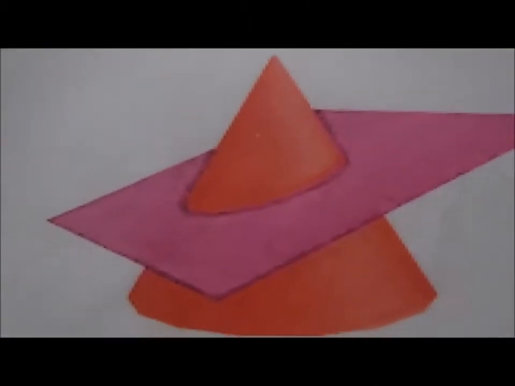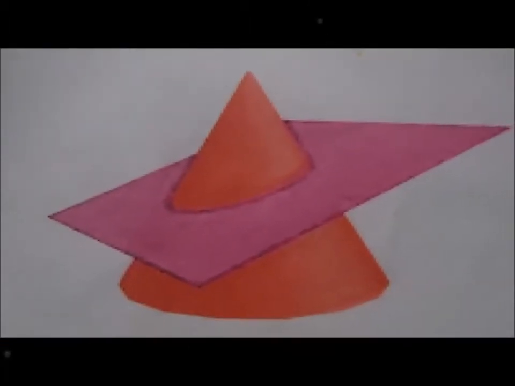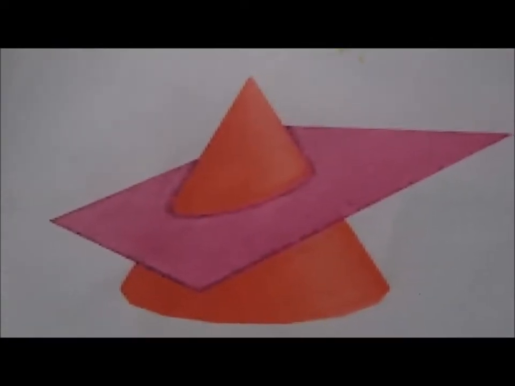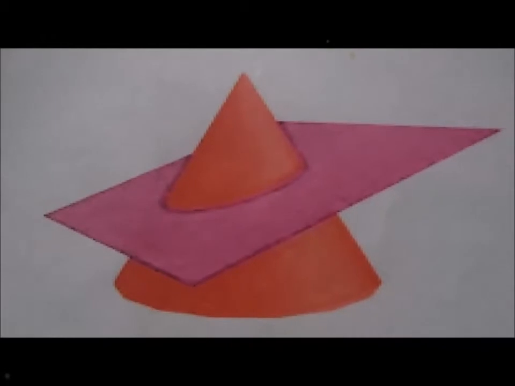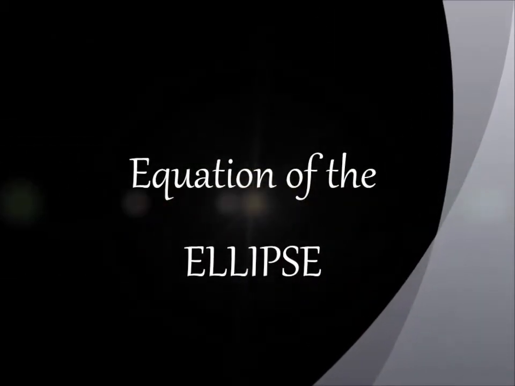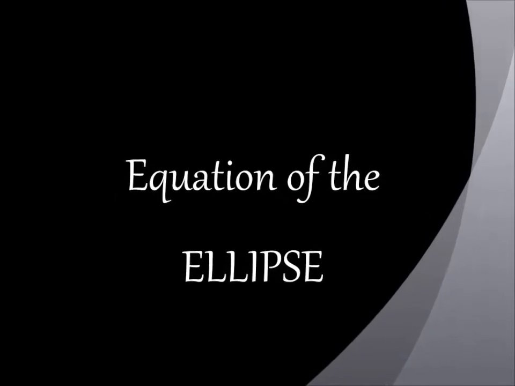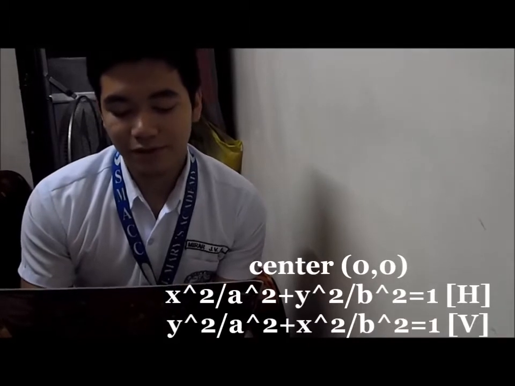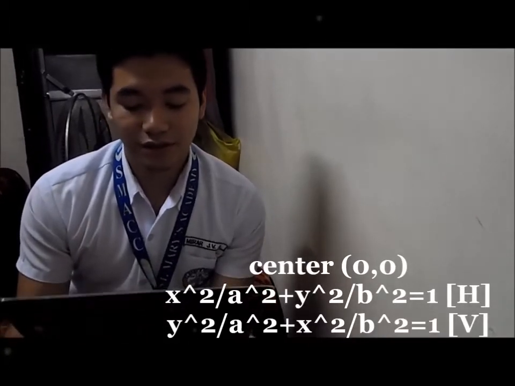Do you know that the ellipse is the set of all points in a plane such that the sum of the distances from two fixed points on the plane is constant? Equations used to find parts of an ellipse at center (0, 0): x squared over a squared plus y squared over b squared equals 1, horizontal.